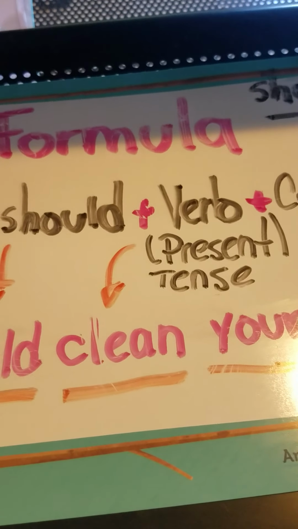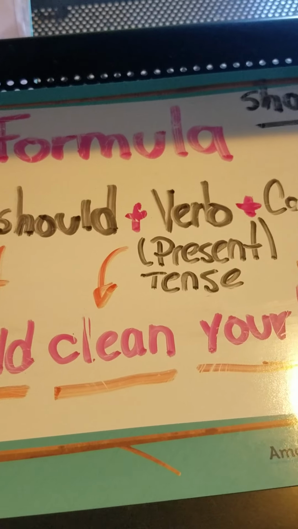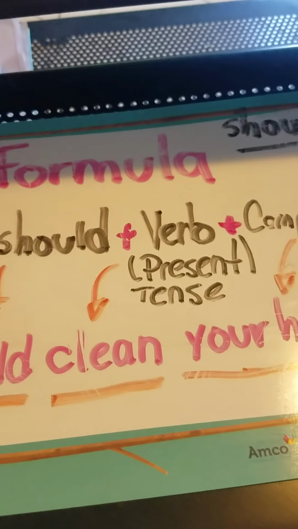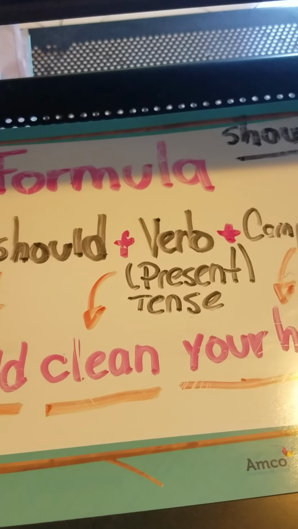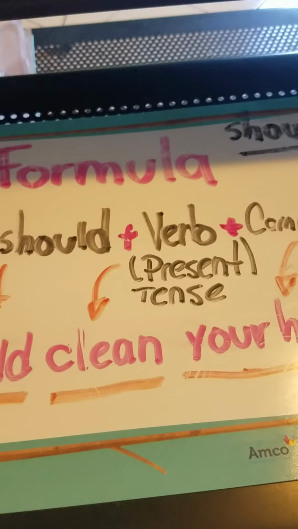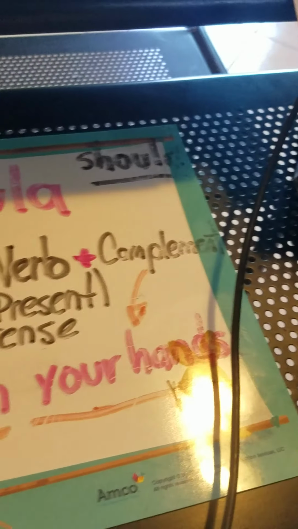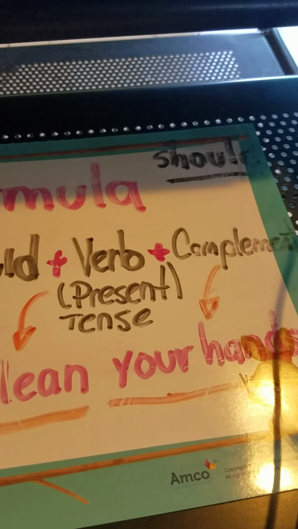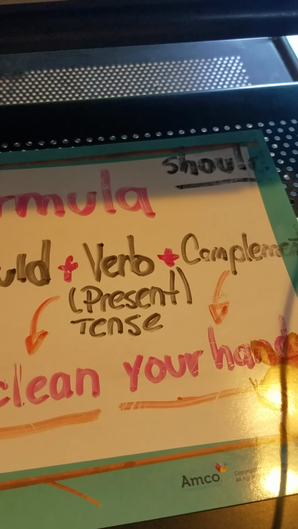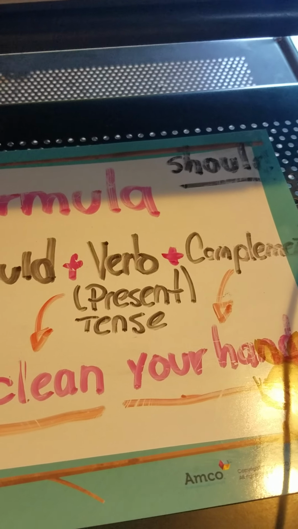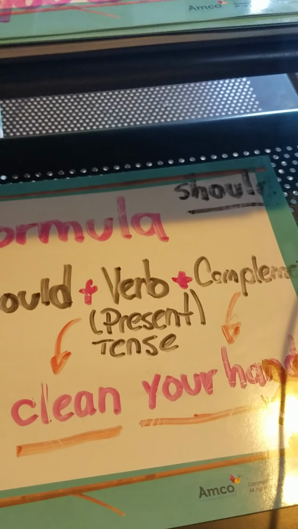If you notice here, it's in present tense, not past tense, not future tense, not past participle. Present tense. Clean, not -ed, nothing. Clean. And then, guys, the complement. The complement is always important. Why? Because it helps to complete your sentence, something that makes sense, right?